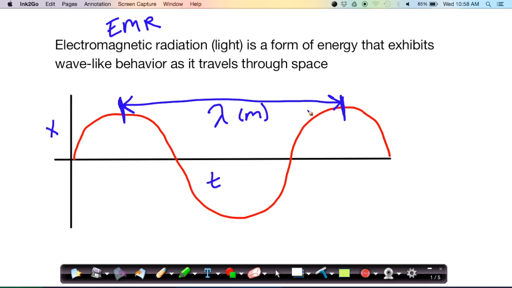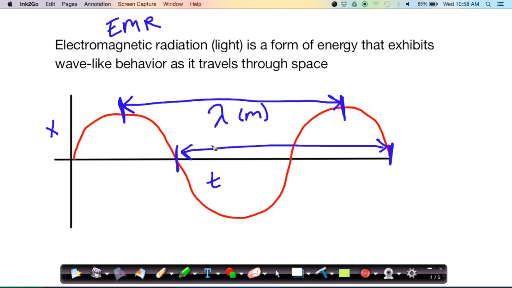So wavelength is the distance between successive identical wave parts. And it could be any successive identical wave parts. We don't necessarily have to go from peak to peak. We could go from equilibrium to equilibrium as we go negative amplitude to positive amplitude and measure this distance as one wavelength as well.